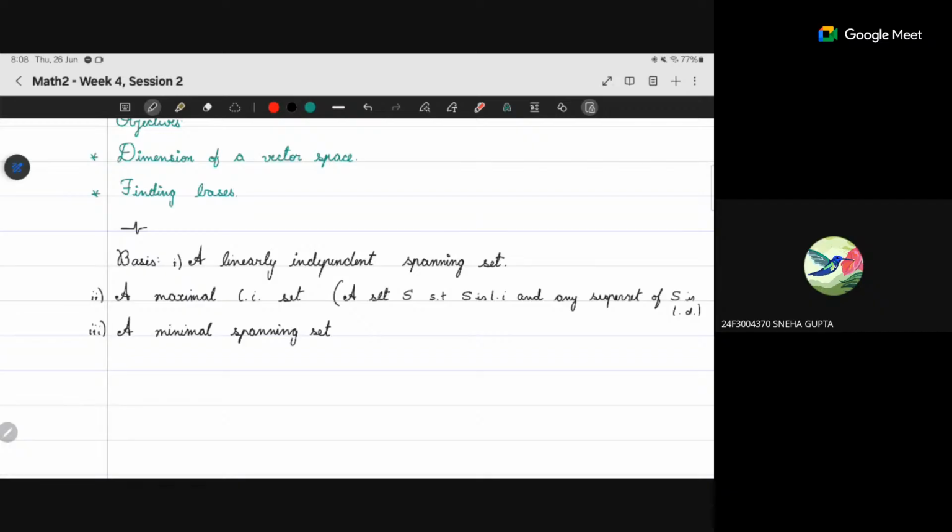So it should be linearly independent, and you cannot have a bigger linearly independent set. So if you add any element, the linear independence property will go away. Such a set is called a maximal linearly independent set. There cannot be a bigger one. By bigger, I mean there cannot be a set which contains this set, which is also linearly independent. Similarly, a minimal spanning set would be a set which is itself spanning, and any subset of it cannot be spanning.